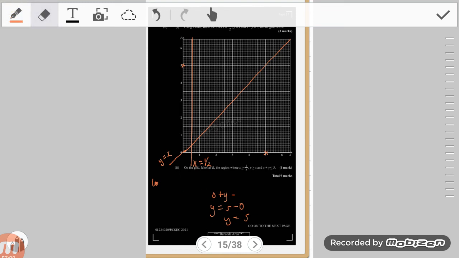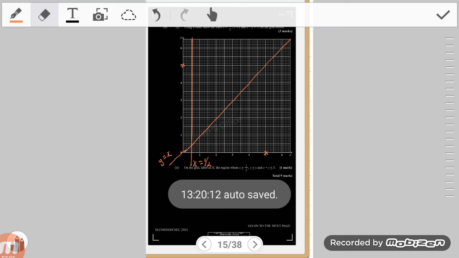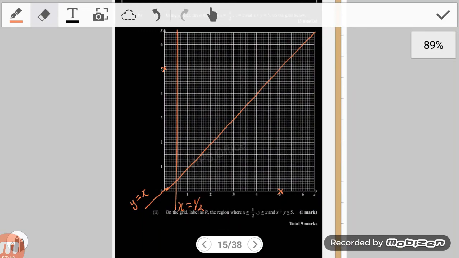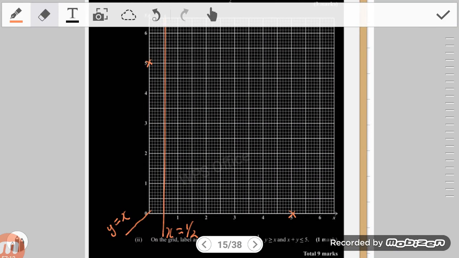Alright, so I'm not going to go through all of that. We know it's going to cross at 5 and 5, so we're going to just get our ruler here and straighten up.